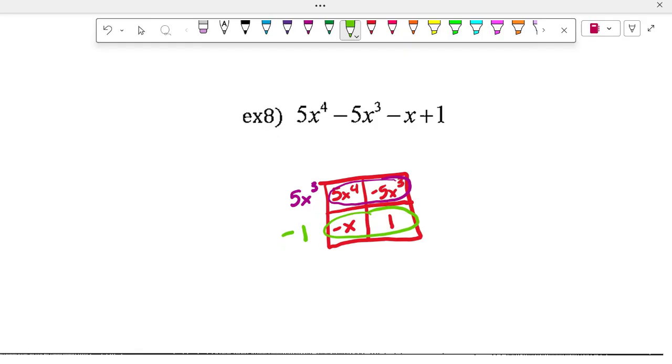They have nothing else in common, so it's a 1. What's the GCF of my first column? X. What's the GCF of my second column? Make sure you look at the sign of the first box. -1. So if I pull these out, it would be 5x cubed minus 1 times x minus 1.